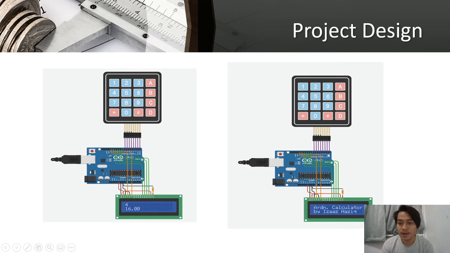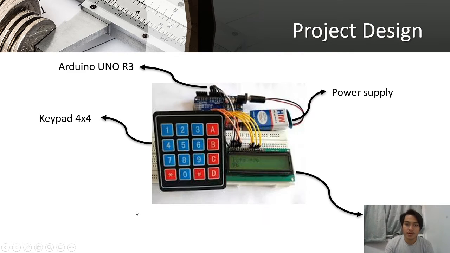On my right-hand side, it will show Arduino calculator by Izahazik when we start the program. And on my left side is an example where I press 4 times 4 is equal to 16, and it appears as a float number, because here we can see we have a decimal point.